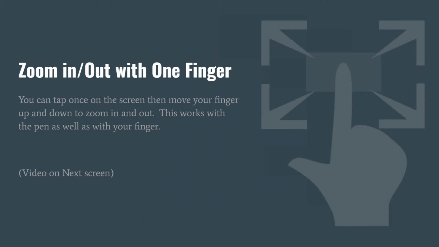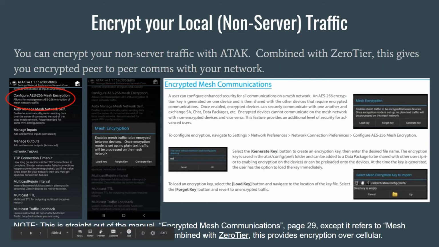And Josh, that link at the bottom of the page takes you to the how-to for configuring ZeroTier for TAK. Yes, Ralph shared some slides a while ago. He had done a how-to, which really helps someone. This is great for a new team. You're excited about ATAK, you want to bring ATAK to your fire department or your search and rescue department. You don't have any radios or anything like that.